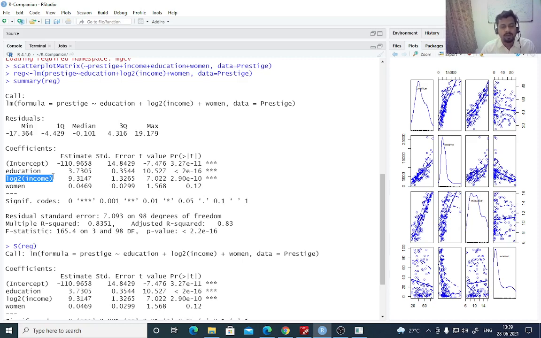And then finally you have the women explanatory variable. Basically it talks about a hypothetical proportion of occupants that are only women. Keeping education and income fixed, it says that there is an increase of 4.7 prestige units when there is an increase in the proportion of women incumbents by 1 unit.